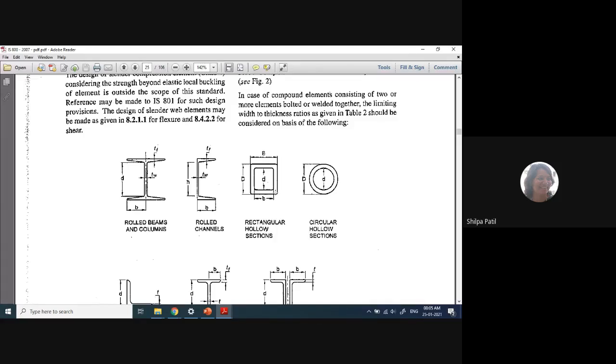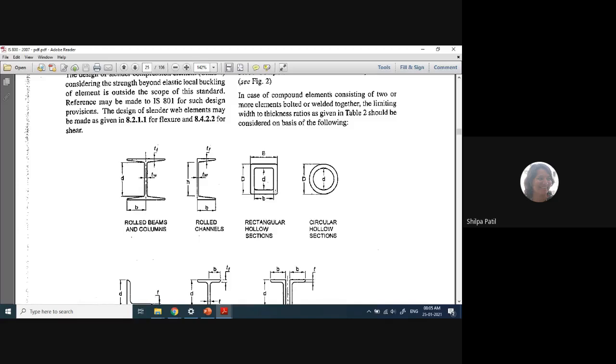Why we don't go for angle section? Because all the angle sections available in the market, they are either semi-compact or slender. When you solve the problems based on calculation, or when for any given angle section you find out its class, you will come to know that all the angle sections are either slender or semi-compact.